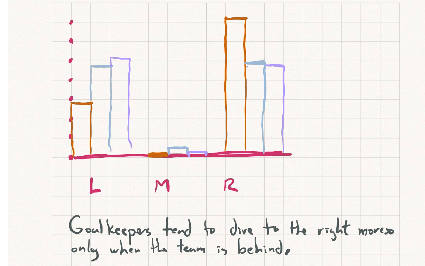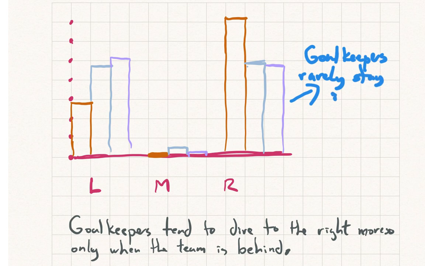So maybe for this grouping, a reasonable conclusion that you could draw, and that this bar chart highlights, is that goalkeepers rarely stay in the middle. If we look at the other chart again, you can pause the video and go back to it.